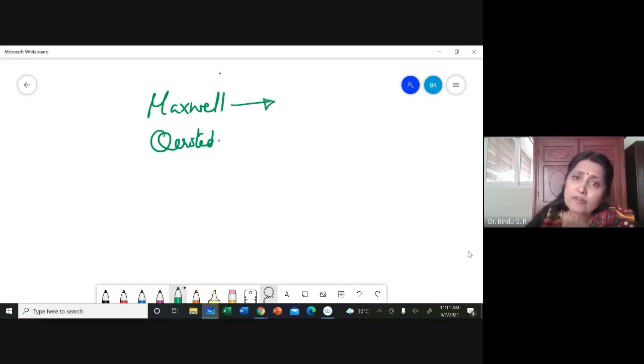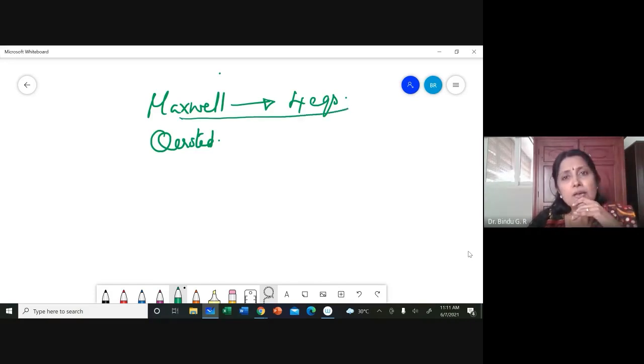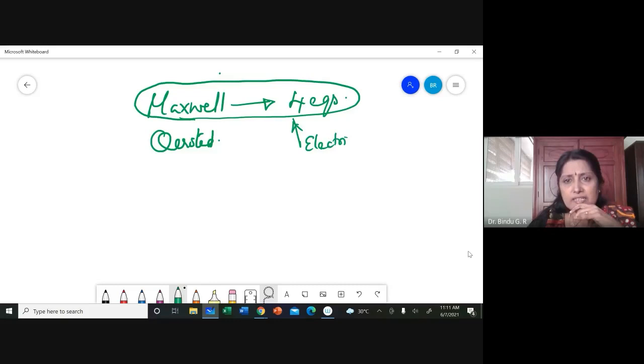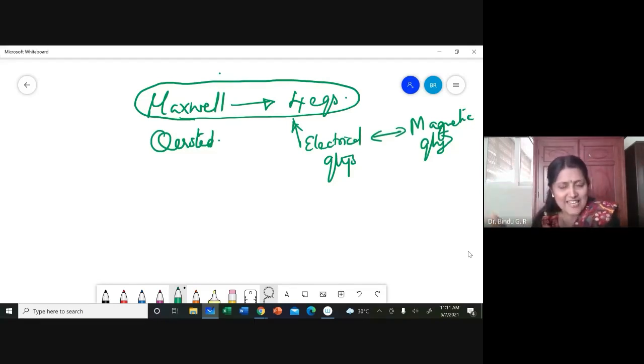Maxwell framed 4 equations, which you will be learning in your electromagnetic theory later on, maybe in S3, S4 or S5. Maxwell's 4 equations connected electrical quantities and magnetic quantities, like how the brothers come together in the final scene.